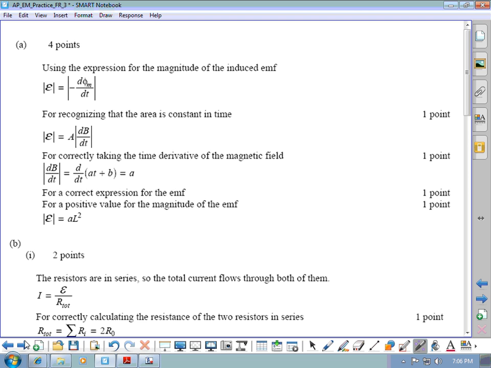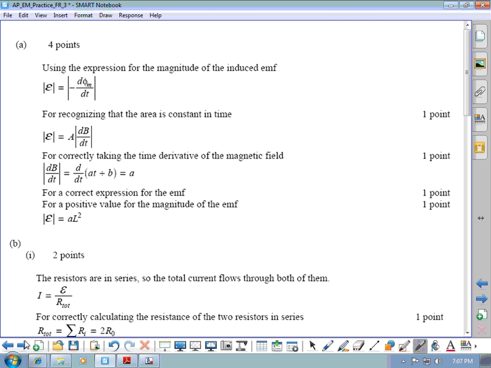If you just wrote that down, that was okay. If you just said that E equaled d phi dt, the derivative of flux with respect to time, that was not enough. If you wrote that E equals the derivative of AB with respect to time, that would not be enough. You needed to show that you understood that the derivative of the magnetic field times the area was just the area times the derivative of the magnetic field.